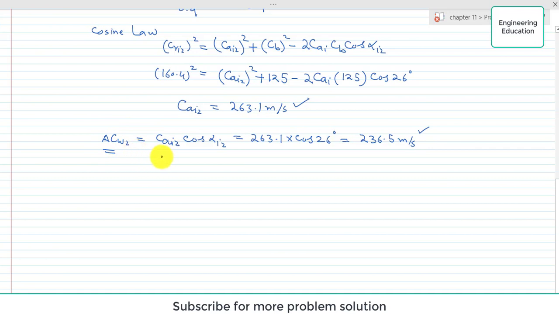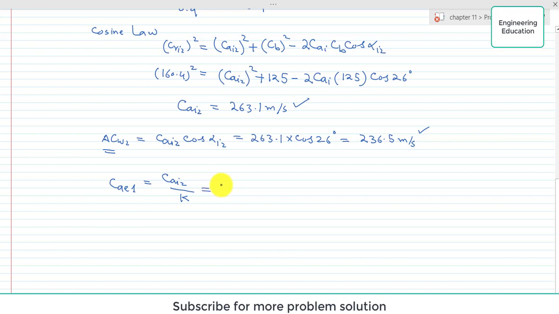Further, to find CAE1 in the velocity triangle for the first row, CAE1 is equal to CAI2 by K, which is the blade velocity coefficient.